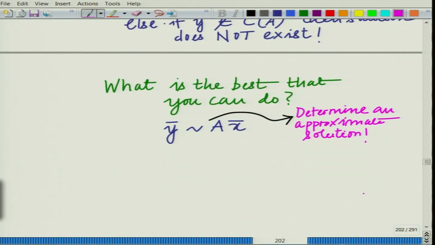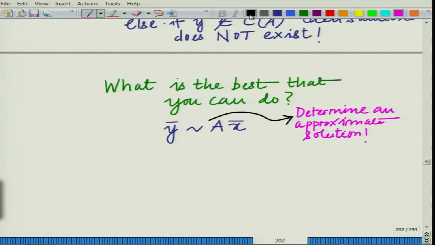And we want to find the best approximation. Naturally, as engineers and smart people in general, any solution is an approximate solution. You can give x bar equal to the all zero vector, or randomly generate a vector, but we would like to find the best possible approximation. Therein lies the ingenuity.